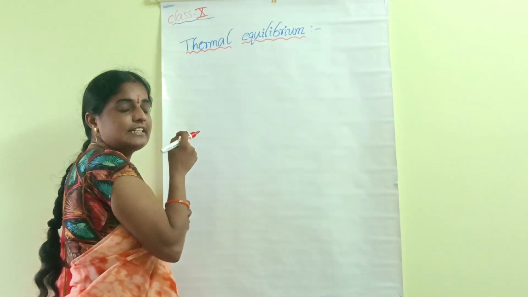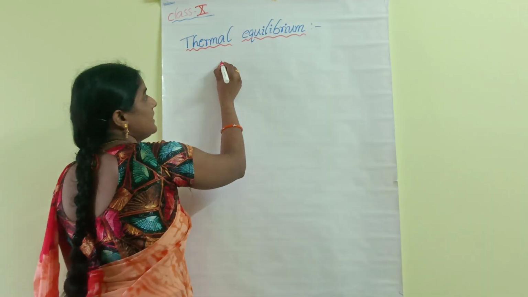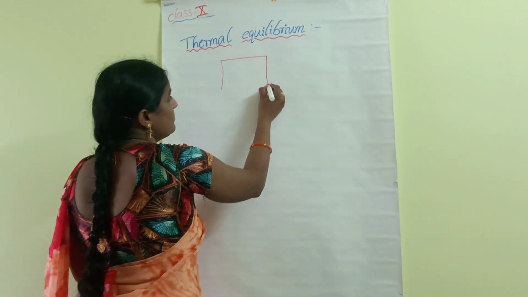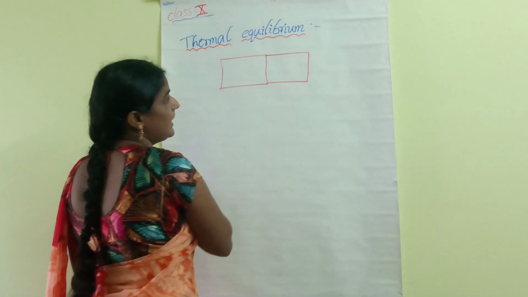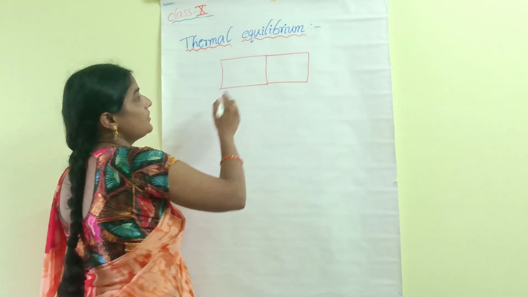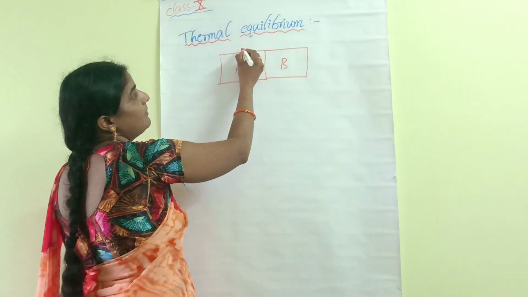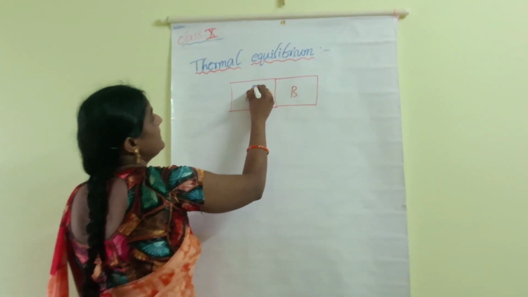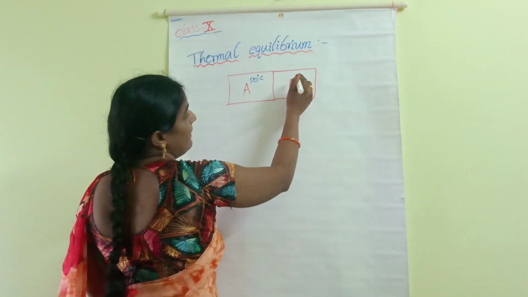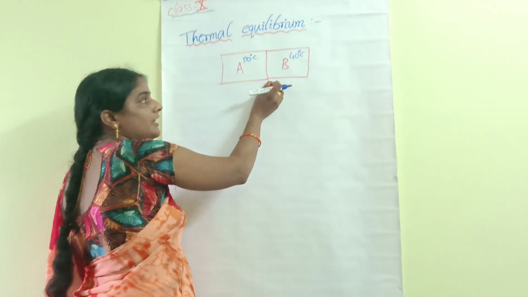Now with one more example I will explain this concept of thermal equilibrium. In that example we take some systems and keep them in thermal contact with one another. Consider the systems A and B. One of them has a temperature of 50 degrees Celsius, and another has 40 degrees Celsius. Now I keep these both in contact with one another.